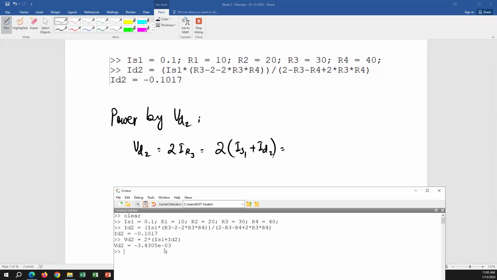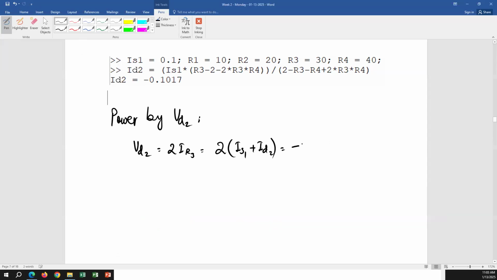So a negative value. That means the polarity of VD2 is opposite. Therefore, it is supplying power, not absorbing power. That's going to be negative 3.43 millivolt. Negative 3.43 millivolt.